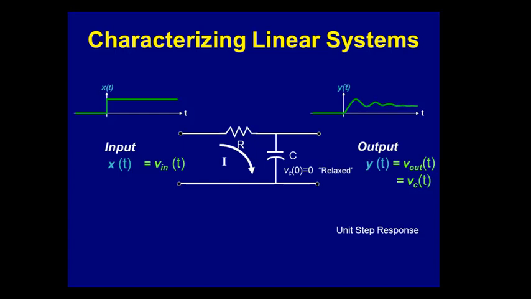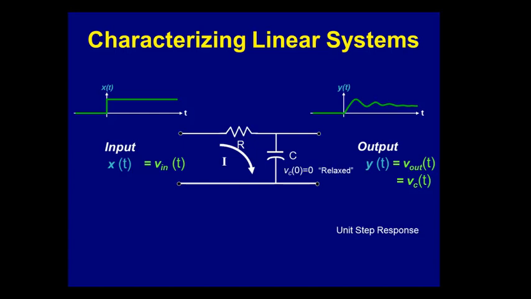And what's the voltage across the resistor in terms of my V out and V in? V in minus V out. Everybody okay with that? The voltage change from here to there is V in minus V out, and the current is that voltage divided by R.